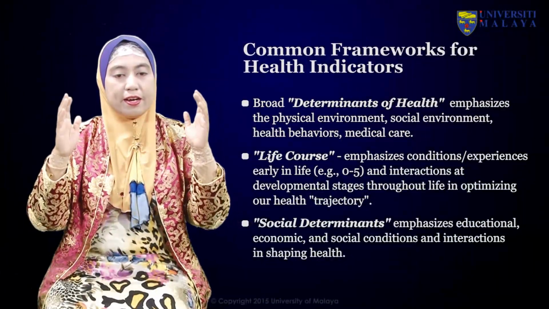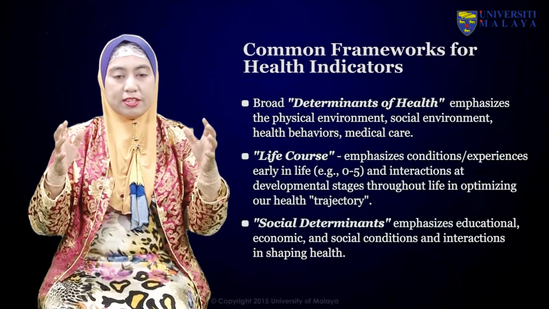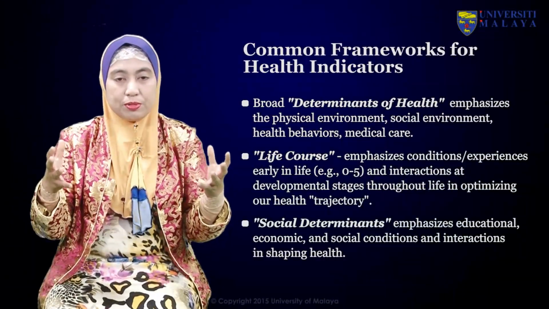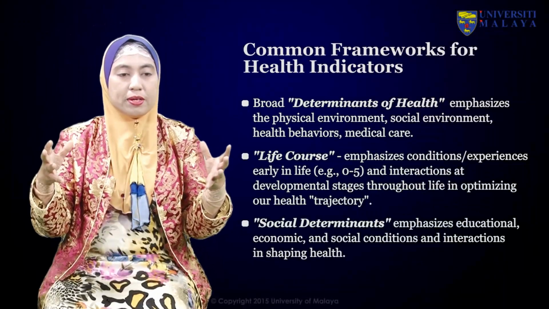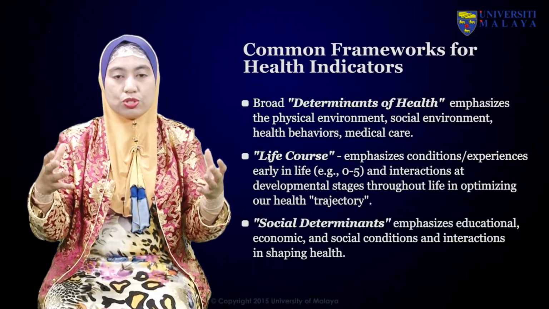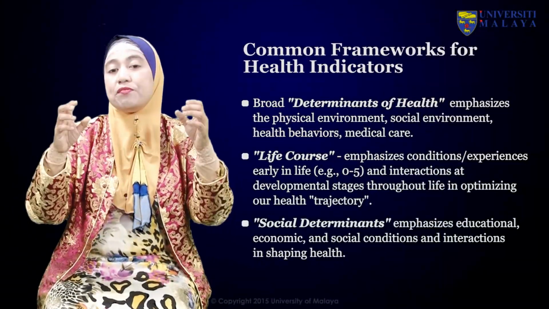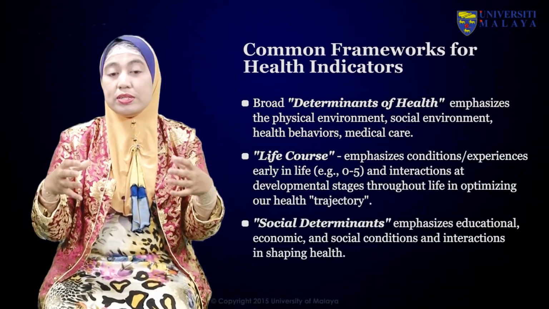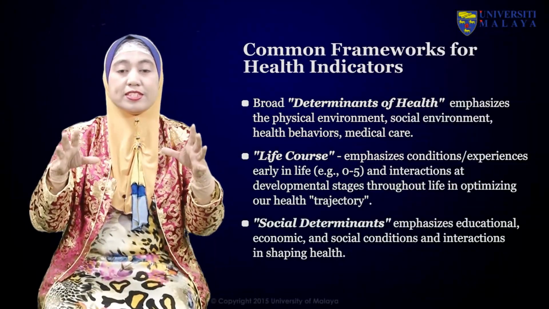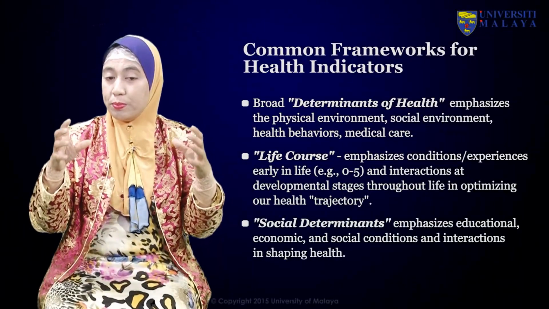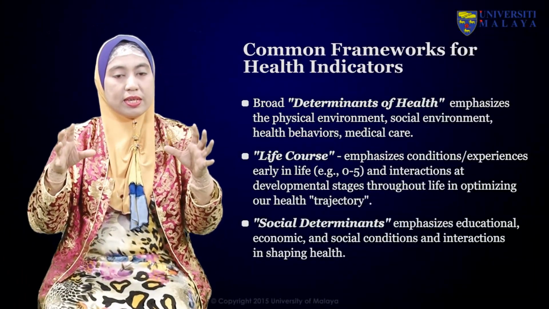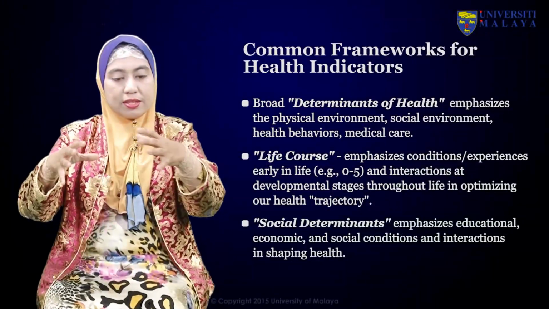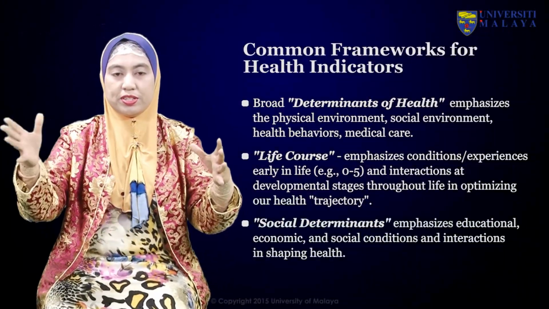And when we talk about health indicators, as I mentioned earlier, we cannot run away from relating them to social indicators. But before you understand what social indicators are, you have to understand social determinants, which put emphasis on educational, economic, and social conditions, and how those interact in one population.